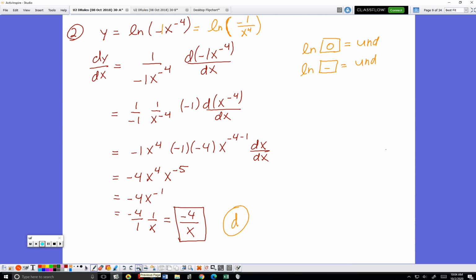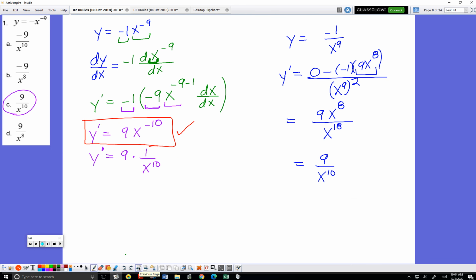So the quotient rule says I need to take the bottom, multiply by the derivative of the top. If the top is 0, I get this. Subtract the top, multiplied by d dx of the bottom. So the part I'm doing in my head is this.